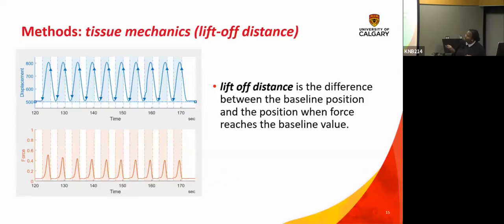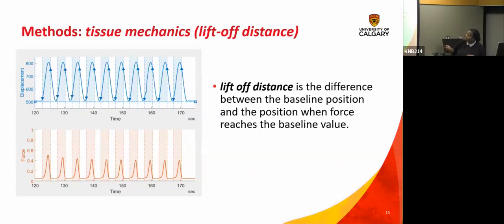If we look at the displacement, the blue triangle at the top, we defined that as when the force gets to the baseline and you trace it upwards to the point of the blue triangle.